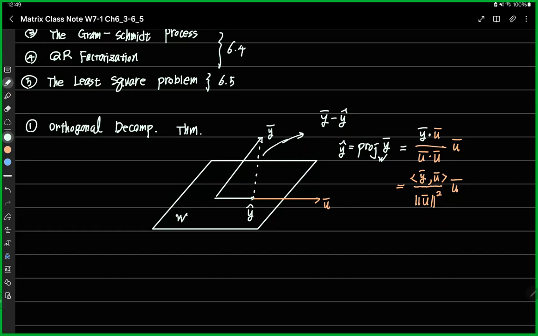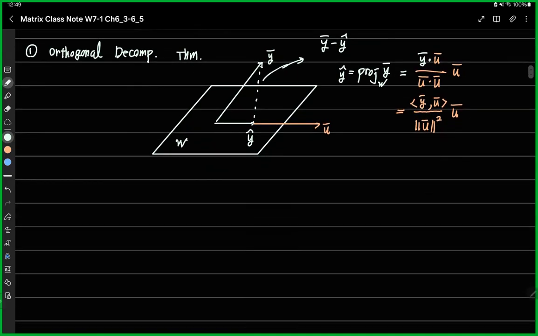If you want to find such a vector, which is the shortest, the vector from the y to W in a higher dimension of space, right? So the orthogonal decomposition theorem is talking about that. Okay. So first one, the orthogonal decomposition theorem, the statement is this.